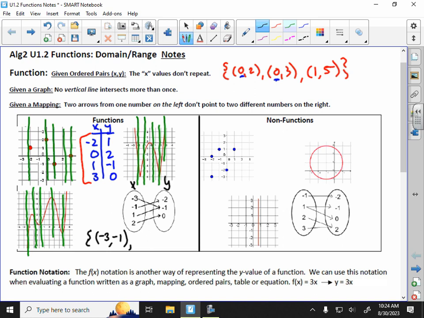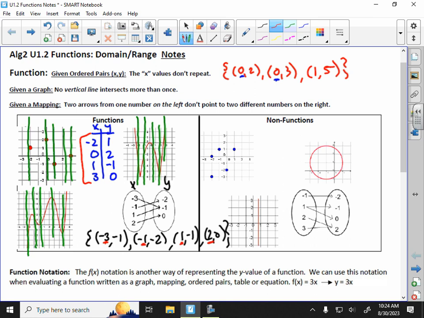Another ordered pair, we can see (-1, -2), then (1, -1), and then (2, 0). If you look at all the x values, none of the x values are repeated, and so this is a function.